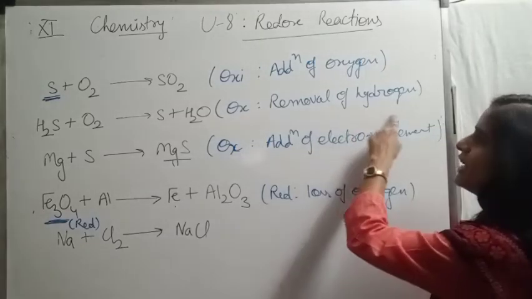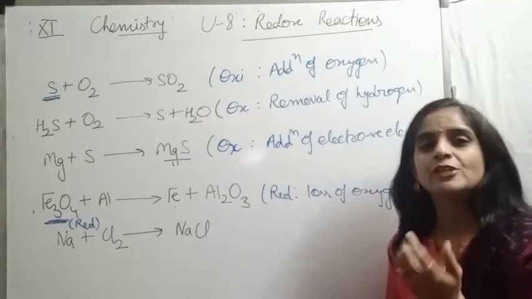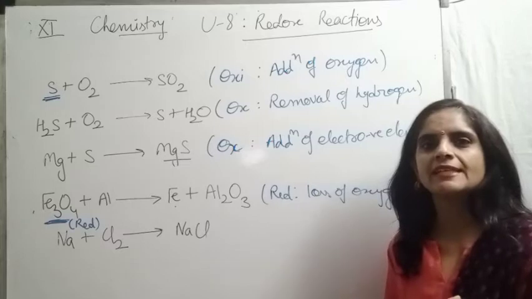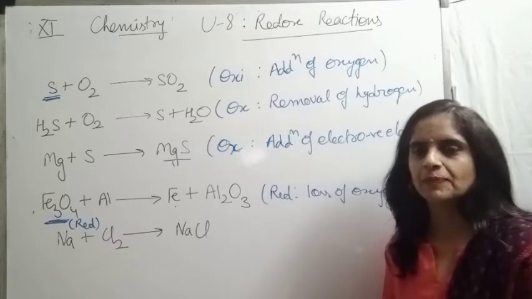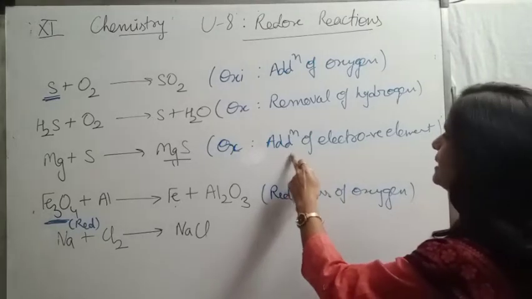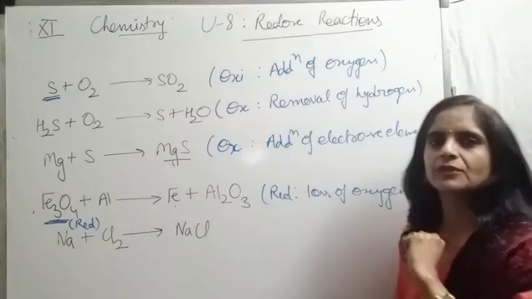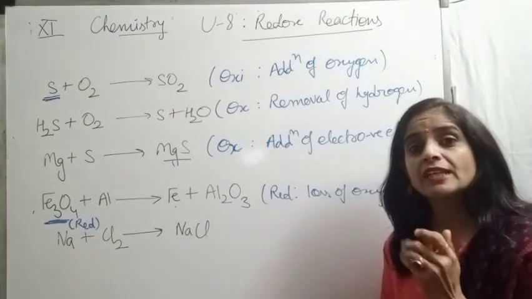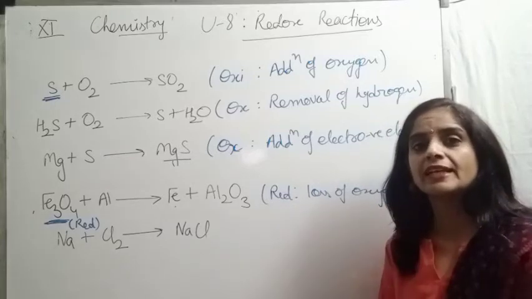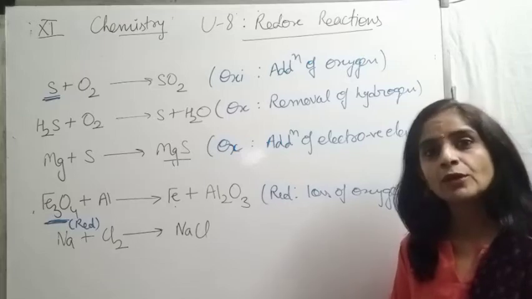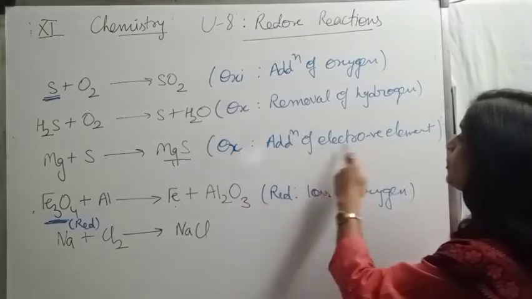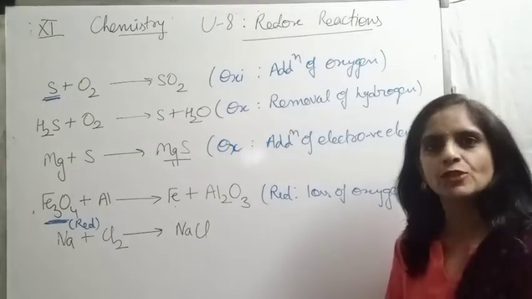If removal of hydrogen is oxidation, then addition of hydrogen is reduction. Opposite of oxidation is reduction. Here we are saying addition of electronegative element is oxidation, so we can say removal of electronegative element is reduction, or you can say addition of electropositive element is also reduction.